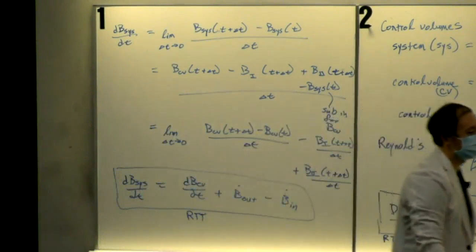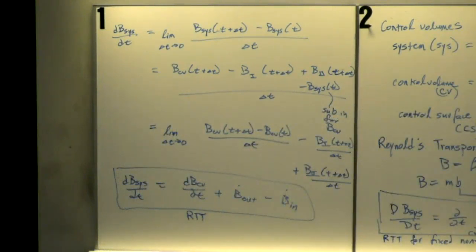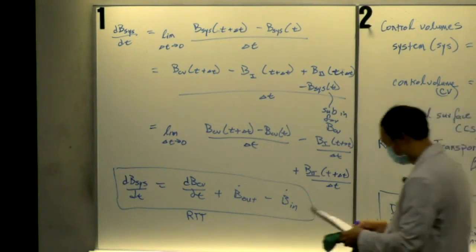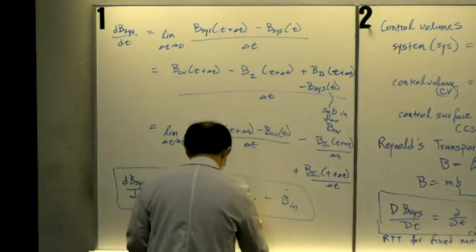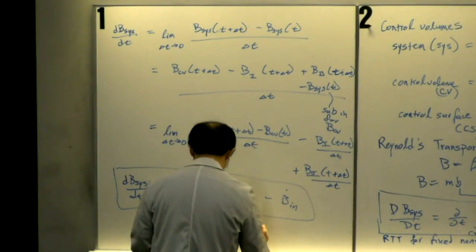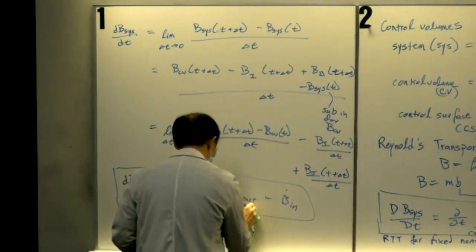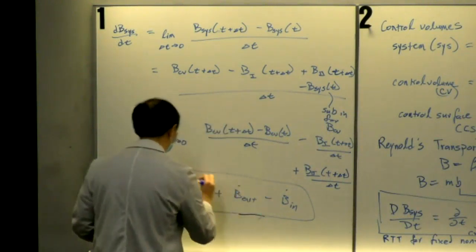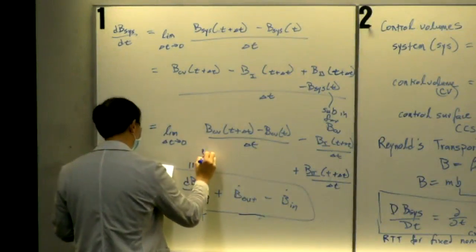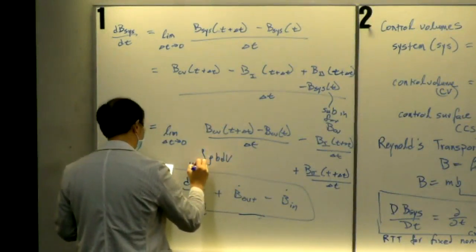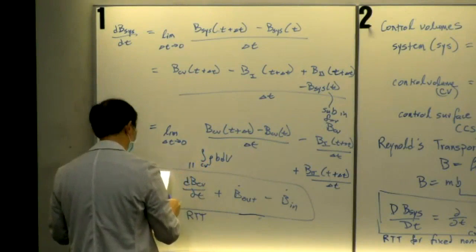The only difference is that the Reynolds transport theorem has actual flux terms, where this B out basically writes the terms in integral form. So this is the integral of rho B dV, d/dt.